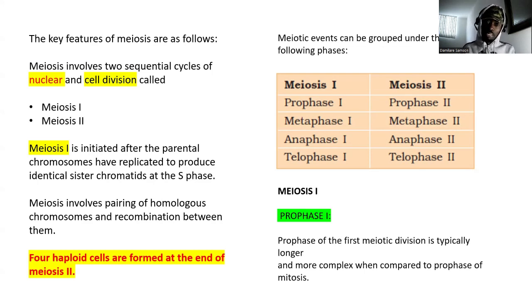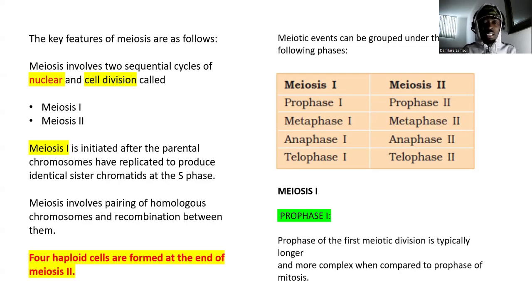Chromatids. If you remember what I explained under mitosis, chromatids will be produced from chromatin material, and chromatids come together and attach themselves at the centromere to give the what? The chromosome. I think you can still remember all those explanations.